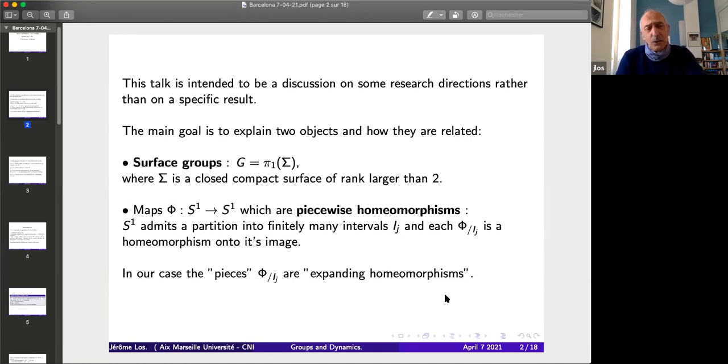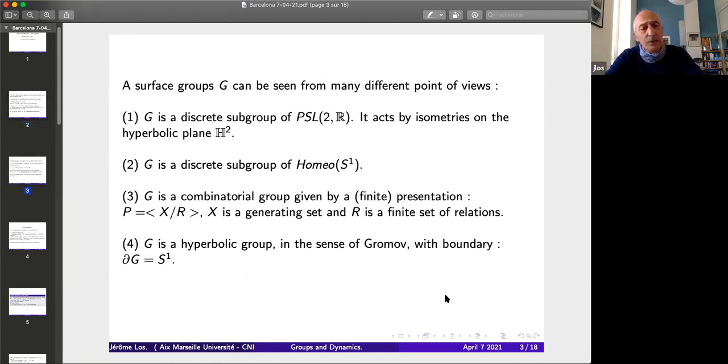Okay, so now let's talk about the surface side. The surface group is a very classical object, and we can see it from many different points of view. And let me take only 4 different aspects. The first one is the very classical aspect of surface group as a discrete subgroup of PSL2R, so 2 by 2 matrices with real coefficients.